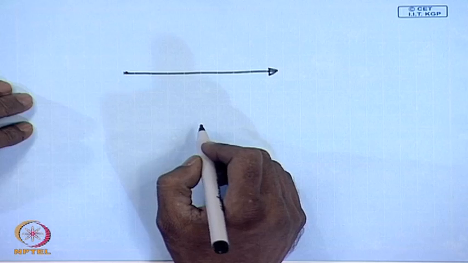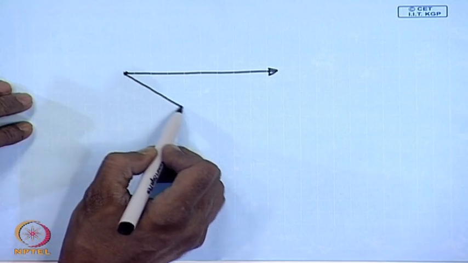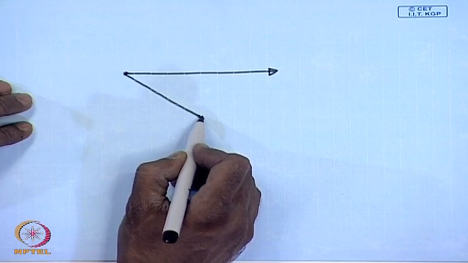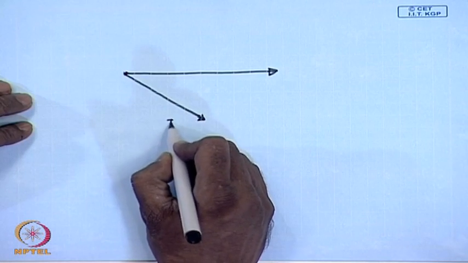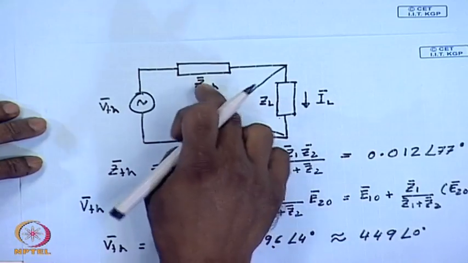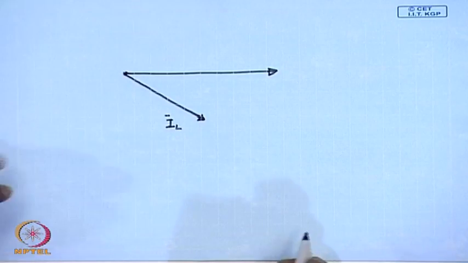This is VTH. Let us say the load current is at some angle IL. Now, the drop due to the load current will be IL into ZTH. So, it will be IL ZTH into angle of ZTH with respect to IL.